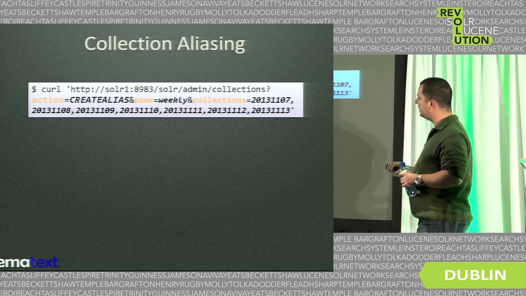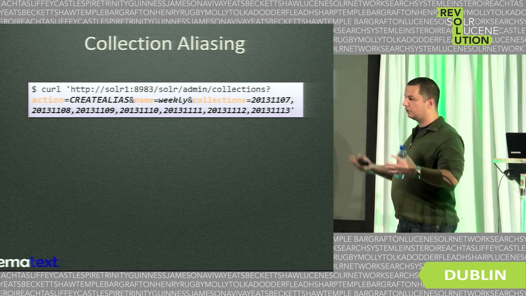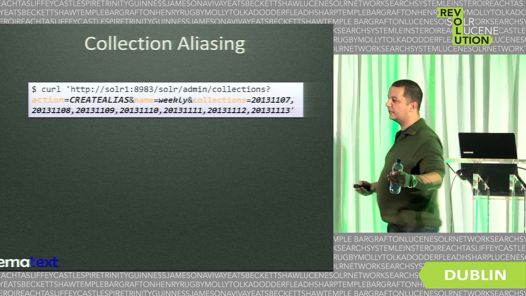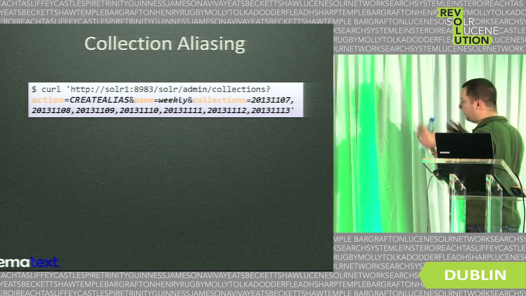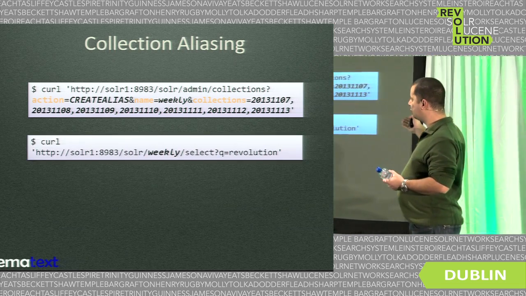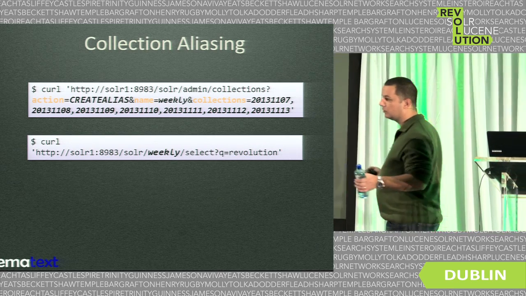For example, we can create an alias called weekly where we store all the collections starting from today and back 6 days, so we'll have a view of a week. Then we can use the name weekly to just query, and it will look like a usual collection.